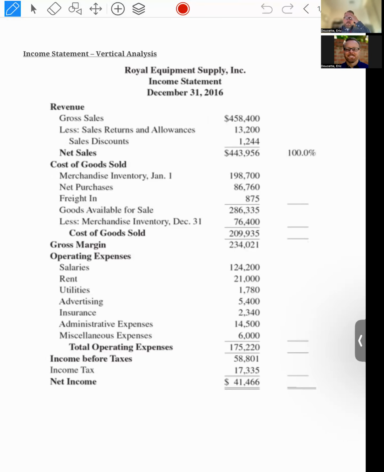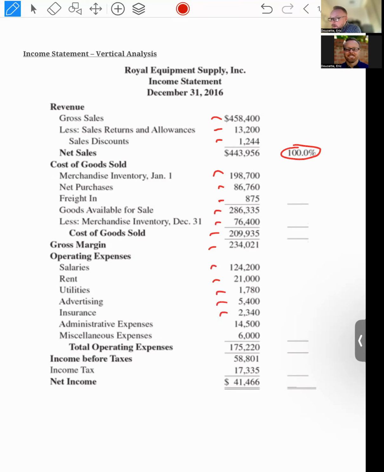So here we're going to do a vertical analysis of your income statement. Now, income statement's a little different because you're going to basically base it off of net sales. So everything is based off of net sales when you're doing a vertical analysis on an income statement. So basically, you're going to do the exact same thing we did for the balance sheet. Is we're just going to figure out what percentage of each of these to net sales are they.